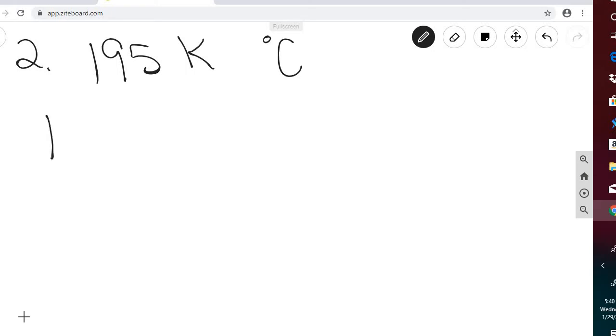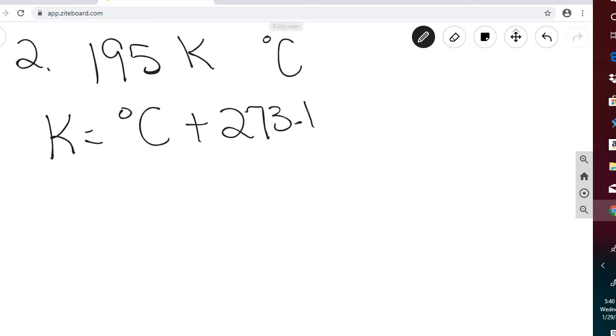Okay, number 2. Dry ice has a temperature of 195 K. What is that temperature in Celsius? Okay, so again, K is equal to degrees C plus 273.15.